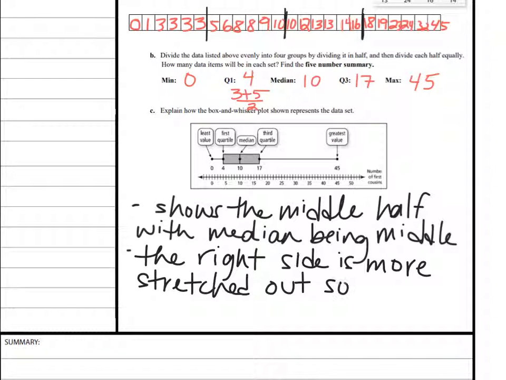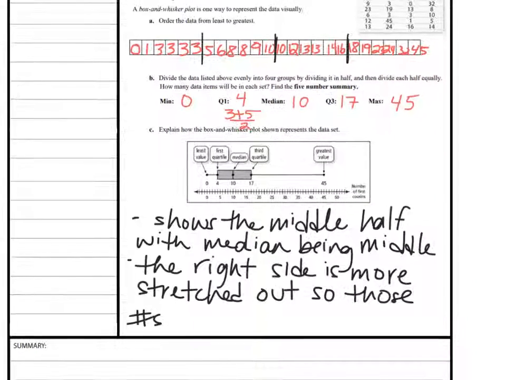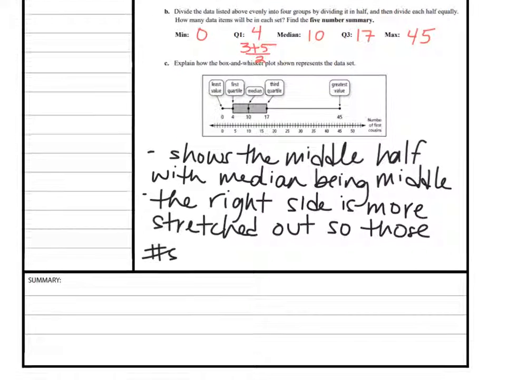So those numbers have a wider spread. We're going from 10 to 45 versus 0 to 10. That's a much wider spread. And the mean, the average, would be on that side.